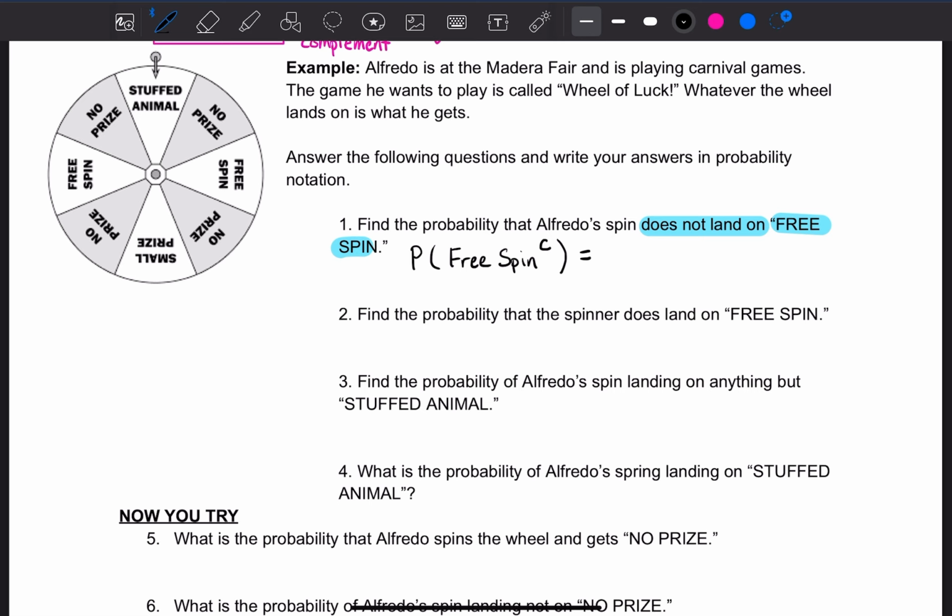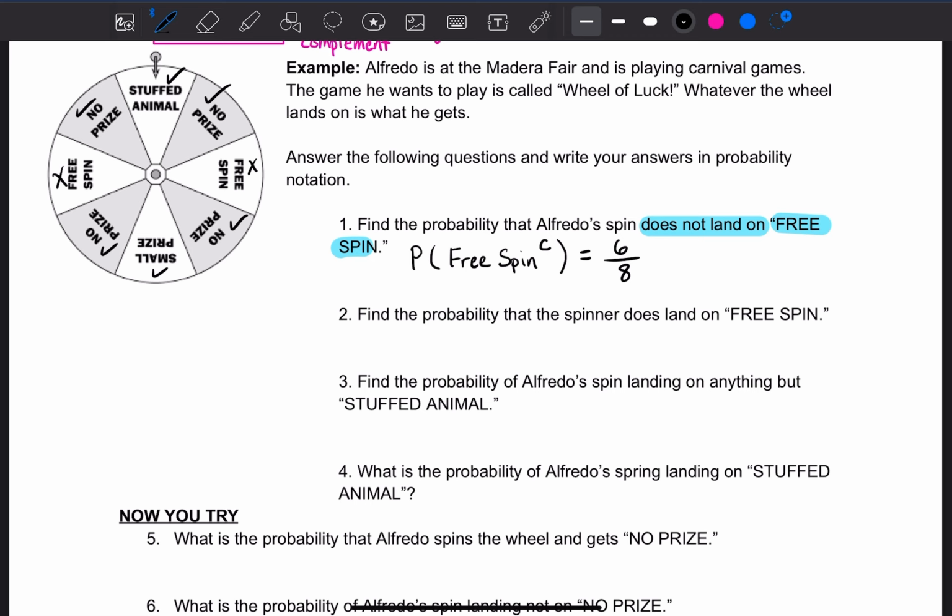So this one works, this one works, oh, this one does not work, this one works, that one works, nope, and that one works. So we see that we have a total of 6 spaces that will give us anything but a free spin. And that's 6 out of 8 spaces in total.